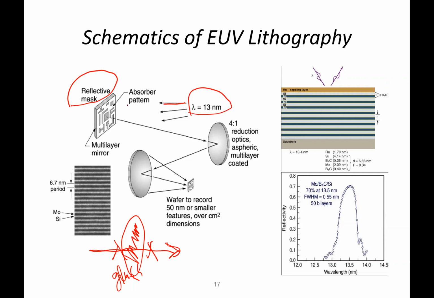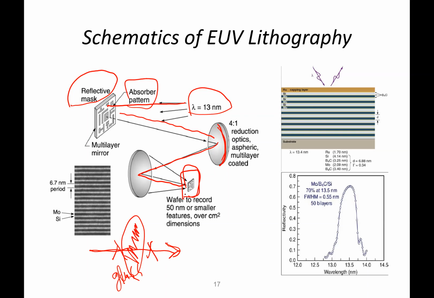The light source goes in, and with a certain pattern of the absorber, the selective reflectance comes here, through another reduction optics, and goes to the substrate, so some of the pattern can be transferred onto it.